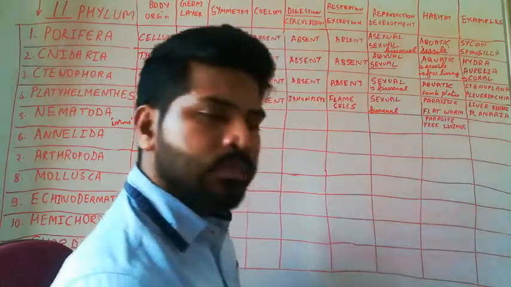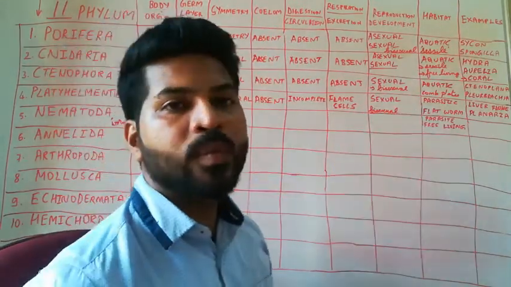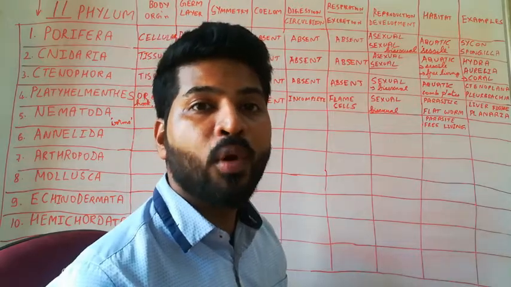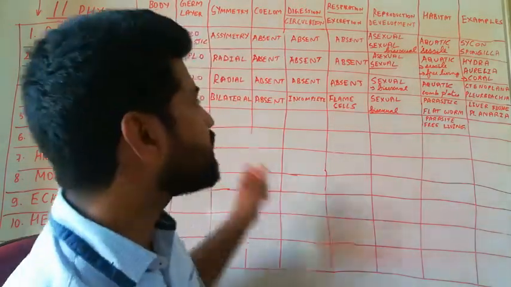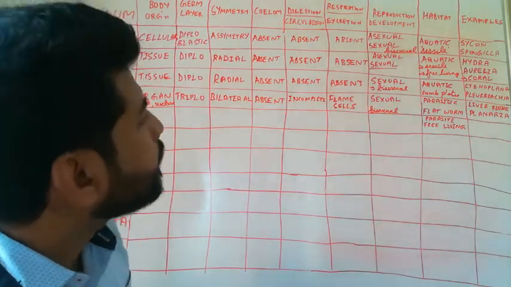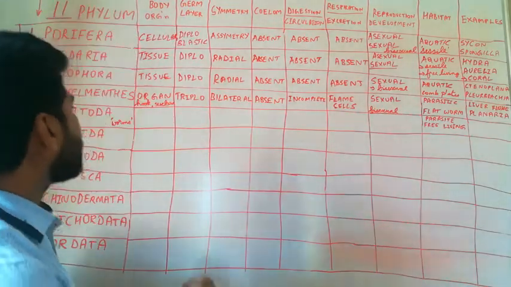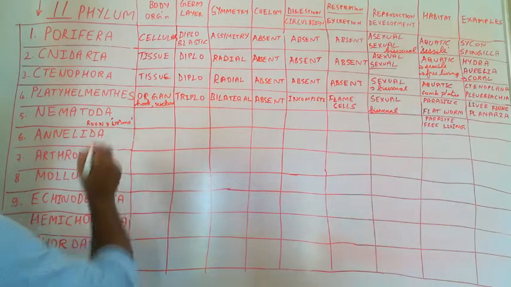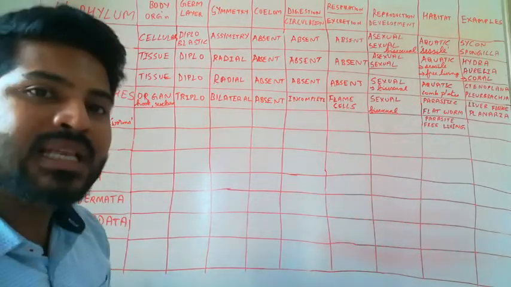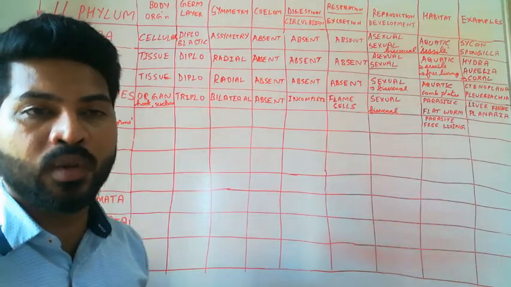So once again, like the flatworms, they are present inside the body of both plants as well as animals. So that is your worms. Commonly these are called roundworms. Nematodes or Aschelminthes are called roundworms.